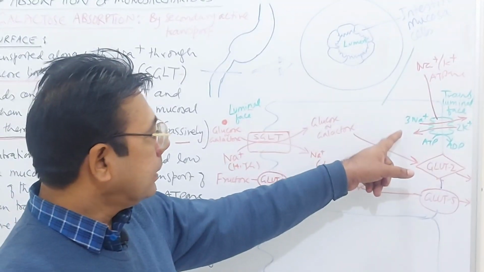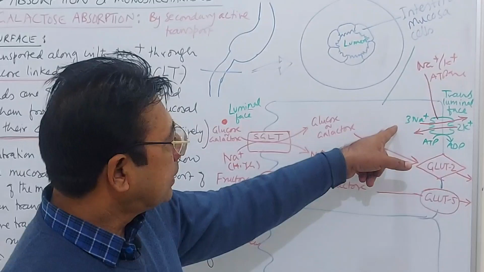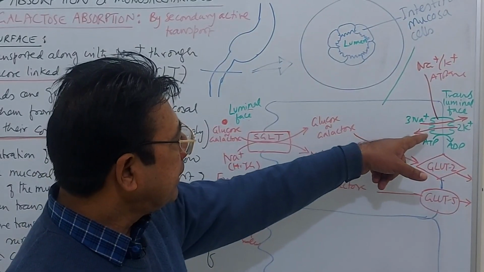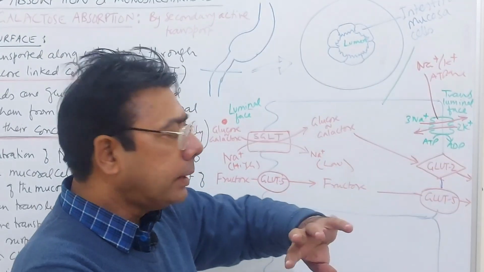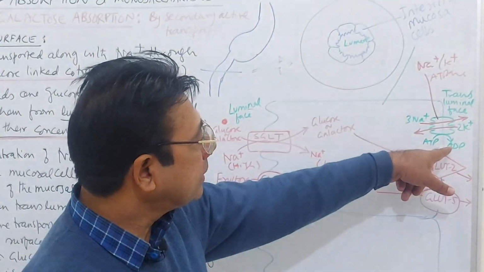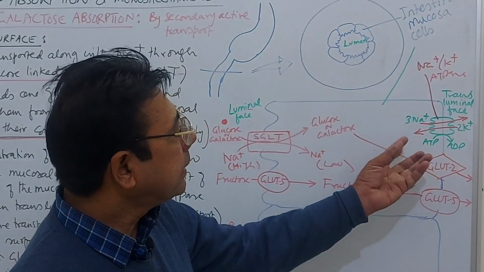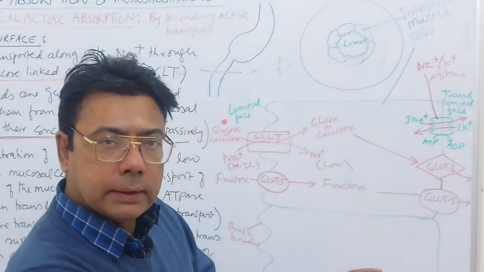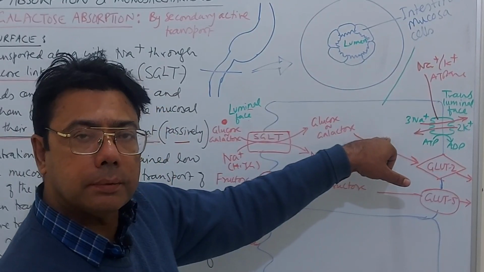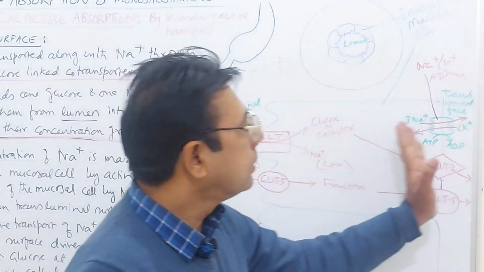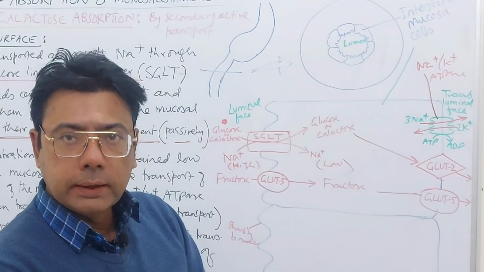It is binding 3 sodium on this side and 2 potassium on this side, and then it utilizes the energy of ATP, and utilizing that energy it rotates, and once it rotates, it carries sodium from inside of this mucosal cell towards the transluminal side into the blood.